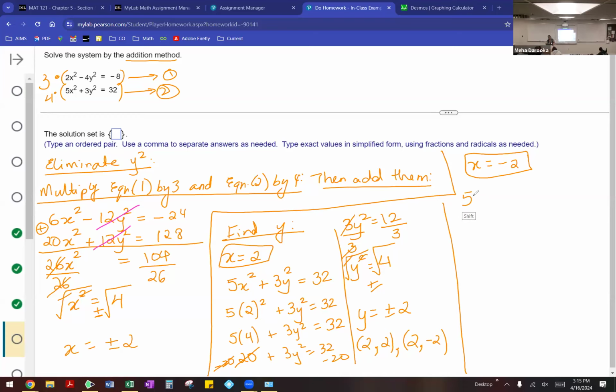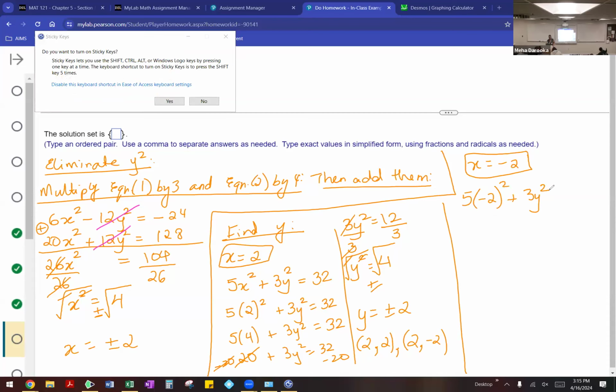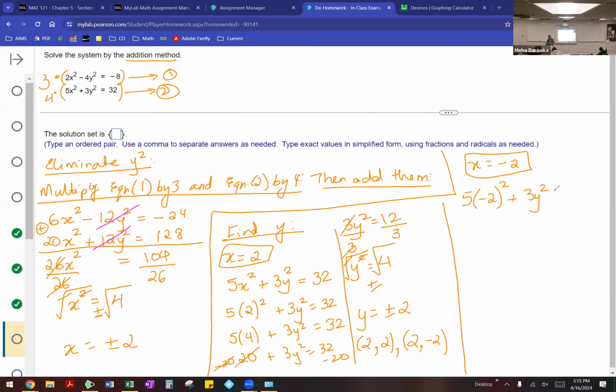Same equation. So 5 times negative 2 squared plus 3y squared equals 32. Again, you're taking negative 2 to the second power, so that becomes a positive 4 times 5, which will again be 20. We're almost repeating the same calculation because your 4 ended up becoming a positive 4.